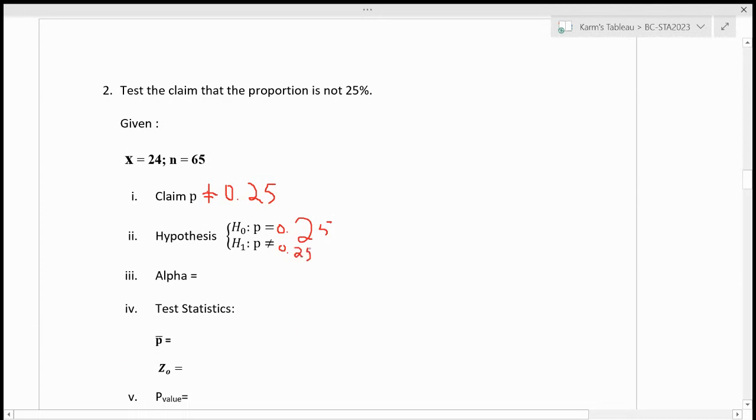So is it going to be one tail or two tail? Is it a two tail? Thank you. The alpha will be 0.05.